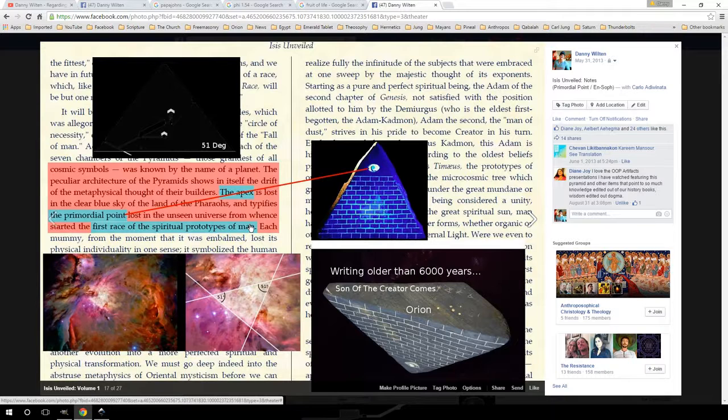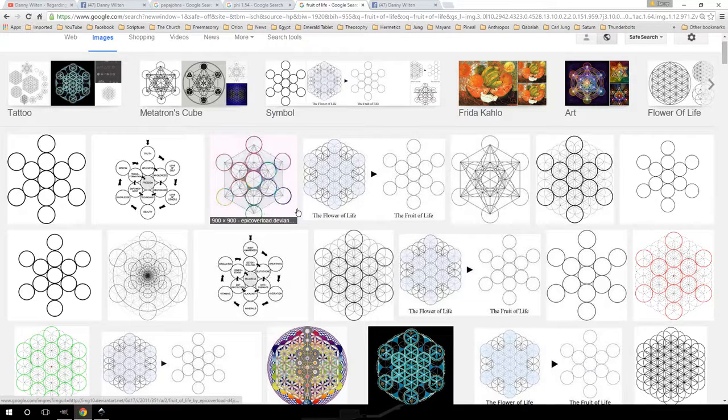And this is what the geometry is showing as well. So what I did was I took the fruit of life, again, this image right here, and I created my 12 circles. So basically I put circles in between these as well. I took out the middle portion, and then I put a ring around all 12.